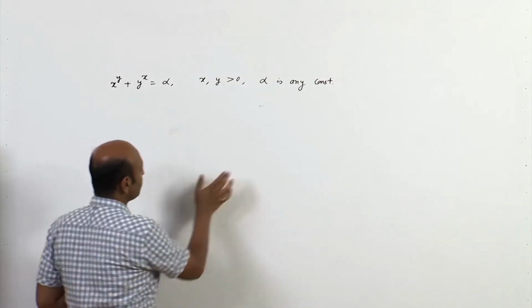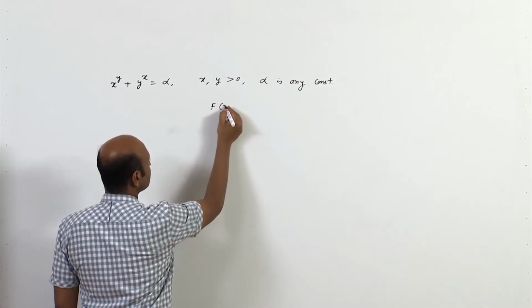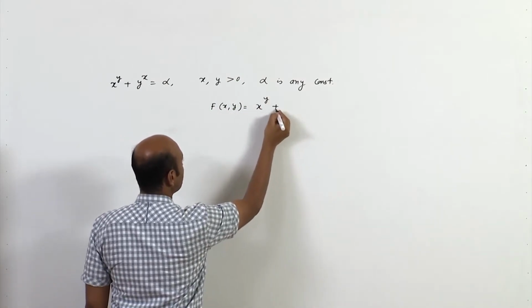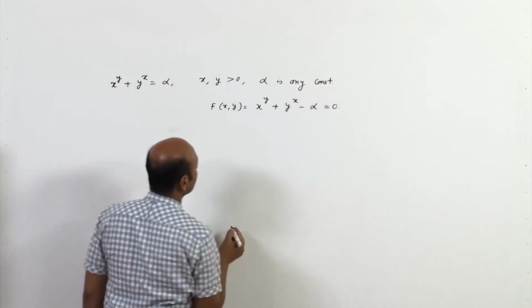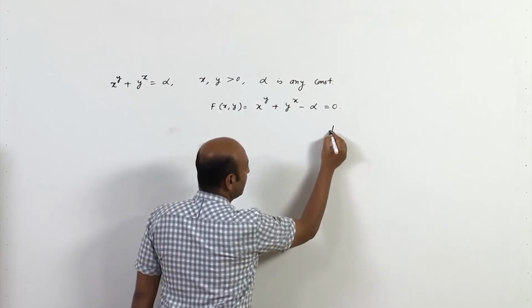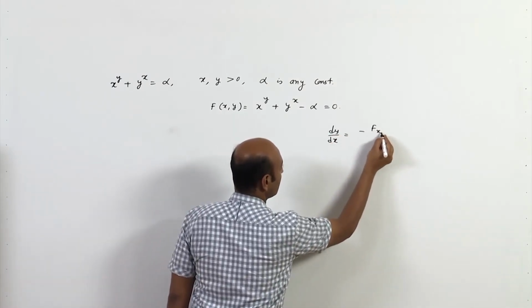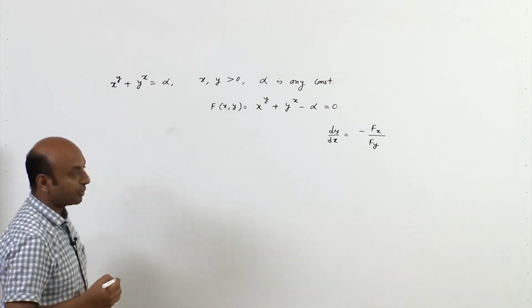We can use this expression. Let f of x, y be x raised to power y plus y raised to power x minus alpha equal to 0. Now we know that dy by dx is minus fx upon fy, provided fy is not equal to 0, of course.